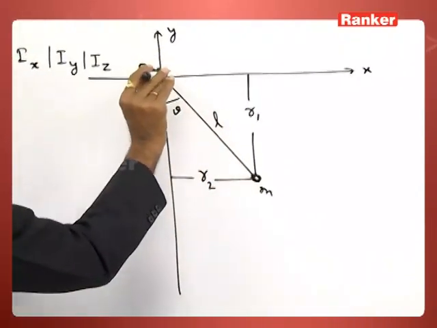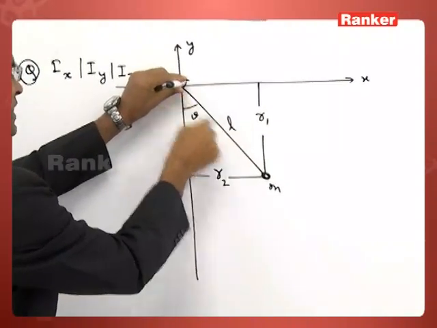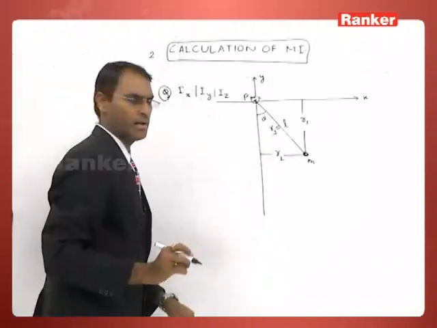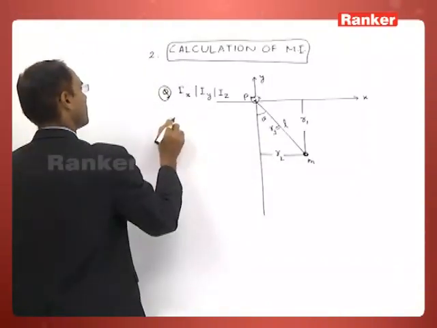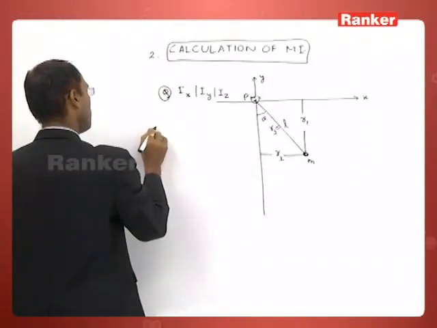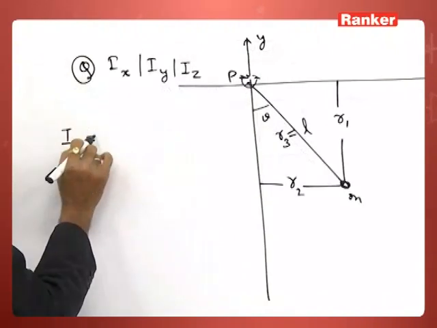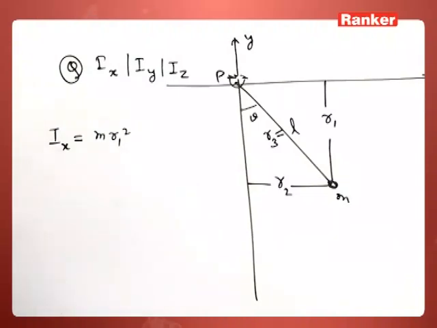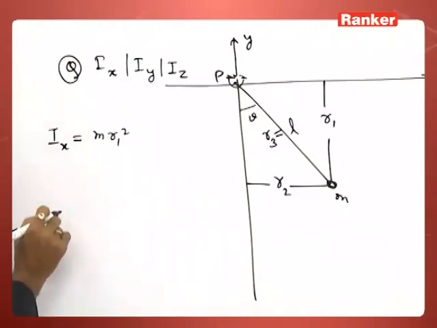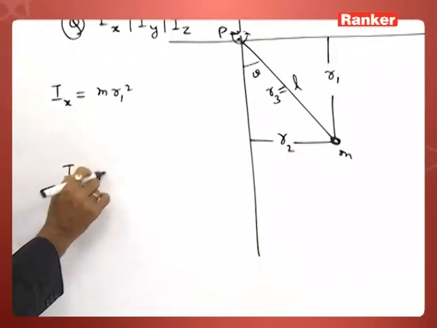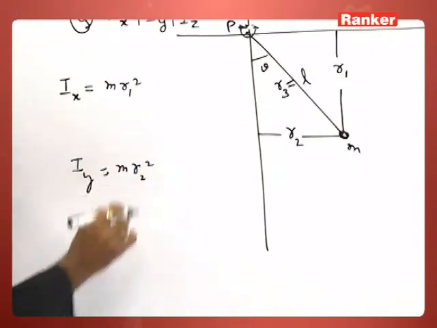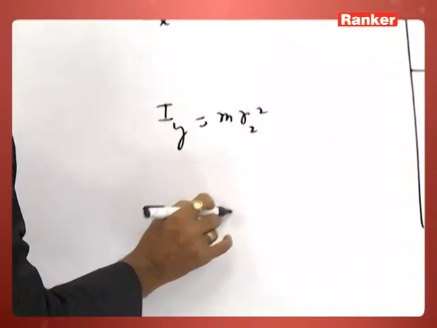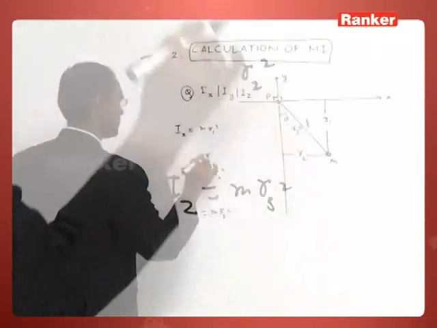For z-axis, the perpendicular distance is r3, that is none other than the length of the string. Therefore, Ix is equal to m r1 square, Iy is equal to m r2 square, Iz is equal to m r3 square.